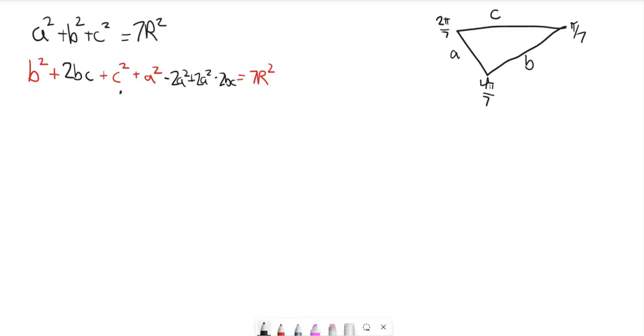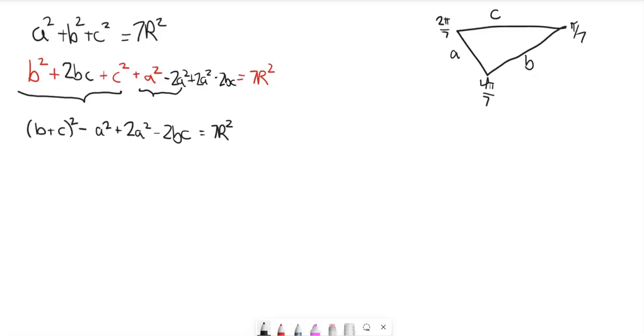I'm adding and subtracting the same amounts in order to keep the original equation balanced. Now here's what happens. The first three terms turn out to be a perfect square trinomial, namely b plus c quantity squared. And then I'm going to take away the a squared. So the negative, I'm taking away a squared because I'm taking a squared minus 2a squared to get that. And then after that, I get plus 2a squared minus 2bc, and that will equal 7r squared.